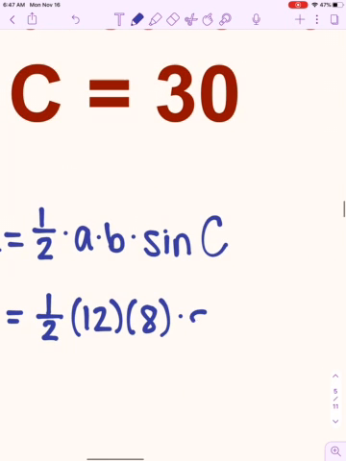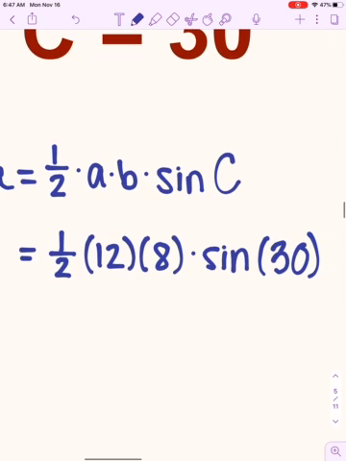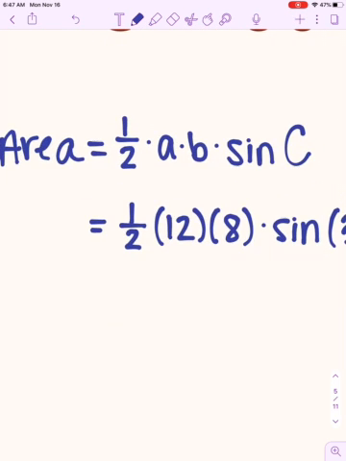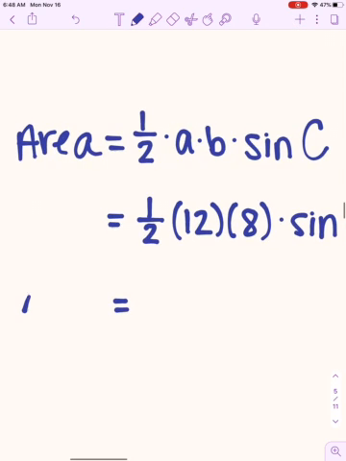Our b length was 8. And it's times the sine of our included angle, which is 30. You should be able to put that in your calculator all at one time: 1/2 times 12 times 8 times the sine of 30. That straight up gives you your area. You do not have to take the square root or second sine or anything of that nature. We're just finding the area, which is what that's going to give you.